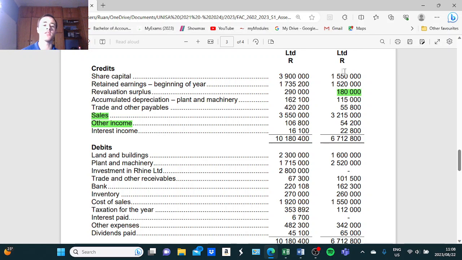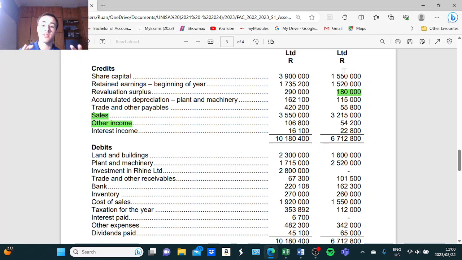And for the purposes of this module, we will assume that there has not been any change in share capital for the subsidiary since acquisition, because changes in ownership will only be addressed in FAC2764, where there has actually been a change in share capital after acquisition. That will be addressed in FAC2764.